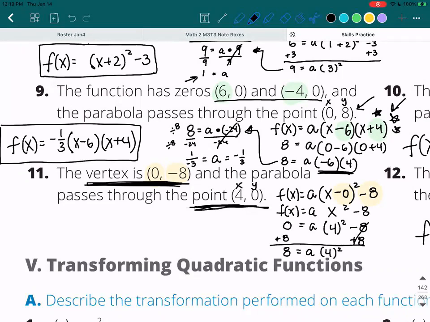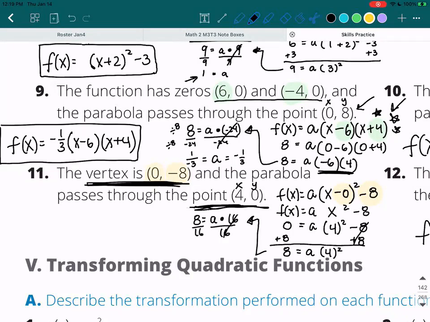Those cancel out. I'm going to continue over here. 8 is equal to a multiplied by 4 squared, which is 16. So it's 8 equals a times 16. So since we're multiplying by 16, we just get rid of that by dividing by 16.